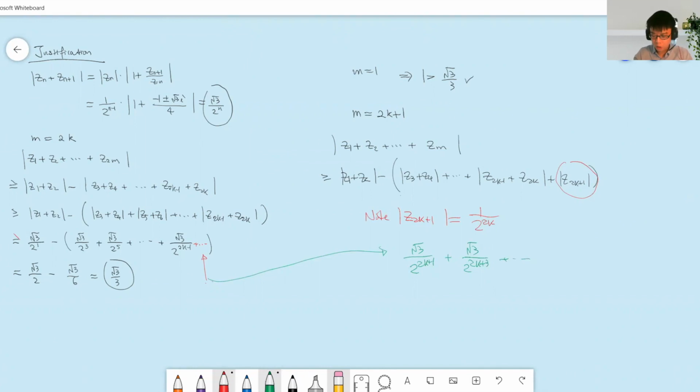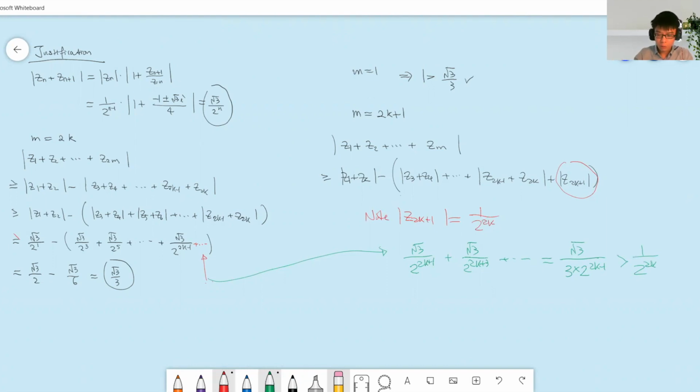Now let's do the summation here. By geometric sequence, we get root 3 over 3 times 2 to the 2k minus 1. And it turns out that this term is larger than 1 over 2 to the 2k. So in other words, in the second case, this additional term is even smaller, okay? We subtract a smaller number.